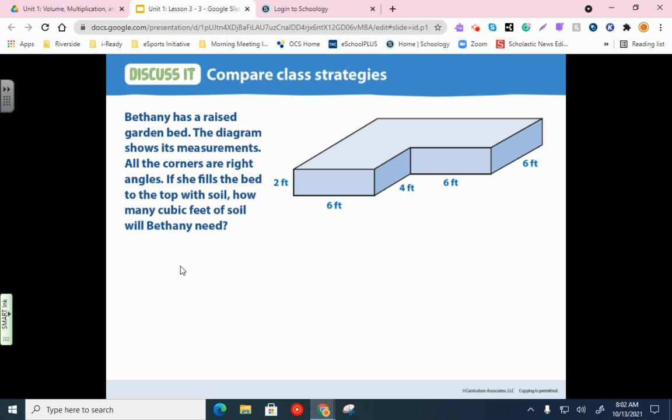Right away we see this composite figure, except this one doesn't have all the unit blocks put together. So instead of counting blocks to find it easily, we're going to have to slice this and figure out what each slice has.